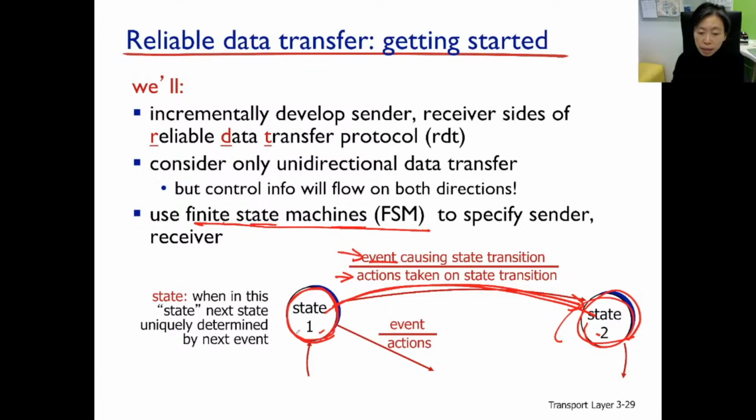So at each state, there could be a number of events that could trigger the state changes, and that could also trigger additional actions to be taken. So provided a mechanism, usually engineers can describe the mechanism using a finite state machine like this. FSM is also, if you recall, from formal methods, finite automata.